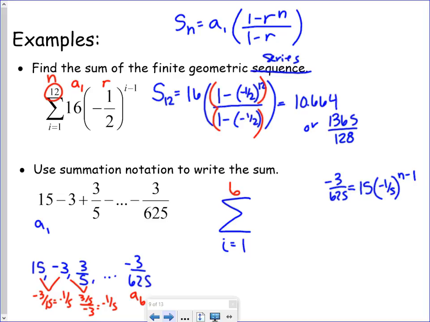To solve for this n in the exponent, I'm going to have to get the exponent and its base all by itself, so multiply by 1/15. In this case, to avoid a decimal in my calculator, I'm just going to do 15 times 625, which is 9,375. So -3/9,375 is equal to -1/5 raised to the n-1.